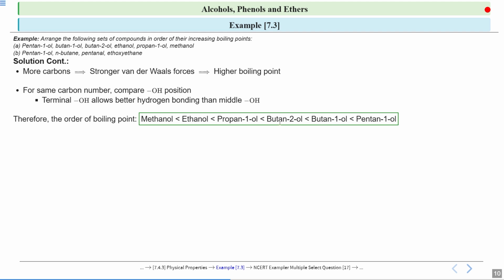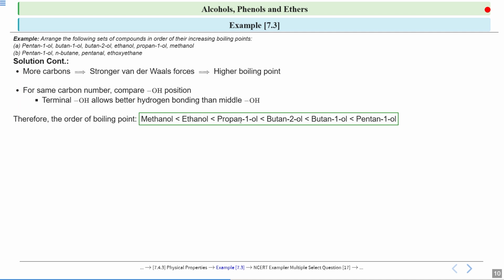After this comes butane 2-ol, where the OH group is attached to the second carbon. Since the OH is attached to the middle carbon, and terminal OH allows better hydrogen bonding, butane 1-ol will have a higher boiling point than butane 2-ol.